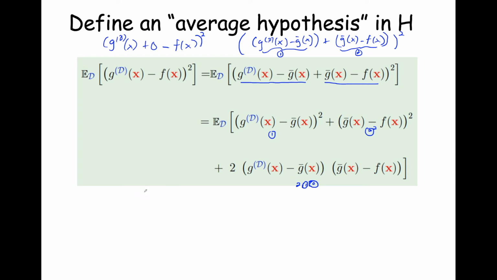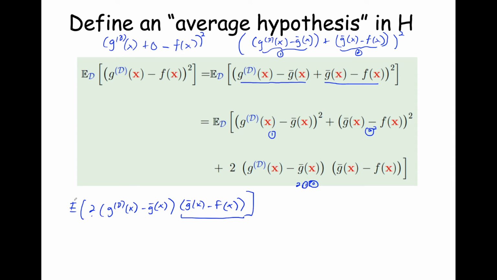So if I focus first on this cross term, I take the expectation of 2 times g script D of x minus g bar of x, times g bar of x minus f of x. In computing this expectation, I observe that I have a 2, which is a constant.